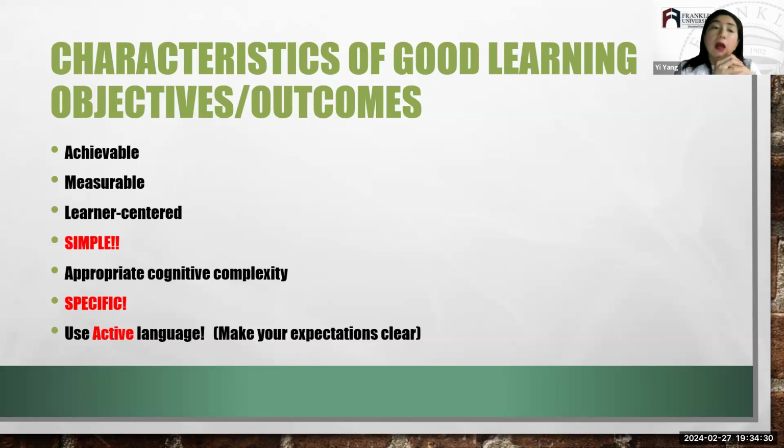If you can express or share a comment in 1 sentence, do not use 2 sentences. I would rather see you break it down into 2 separate outcomes instead of having 1 long outcome. And you need to have appropriate cognitive complexity.